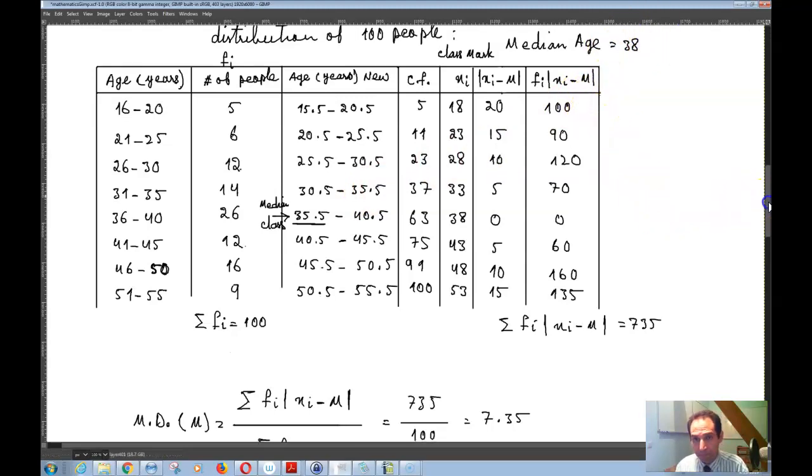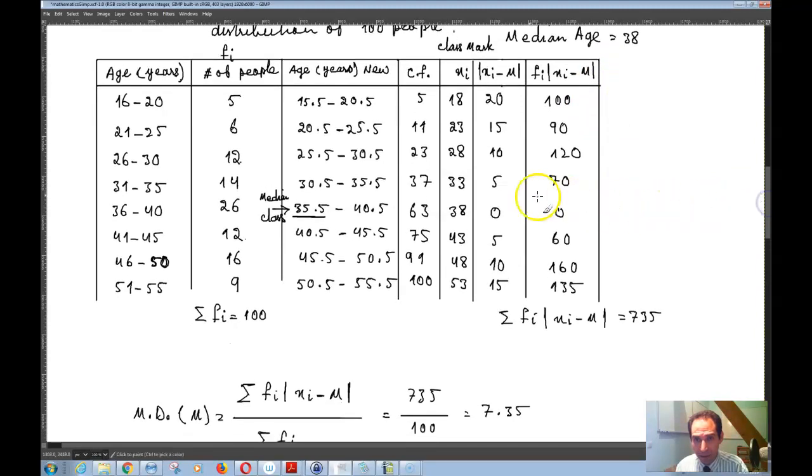And then on average, these people are either about 8 years older than 38 or 8 years younger than 38.